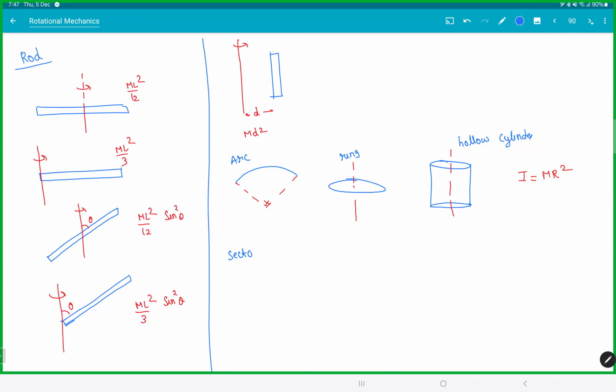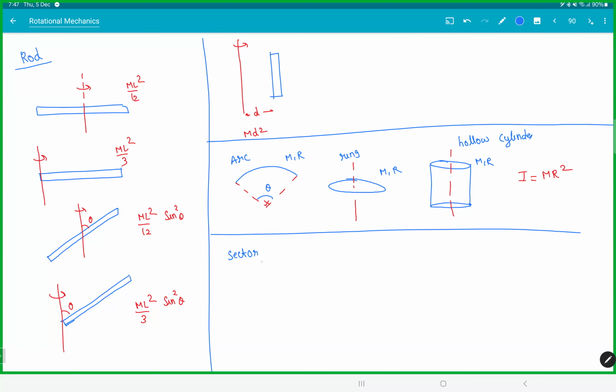Then we have sector. Then we have disk. Then we have solid cylinder.